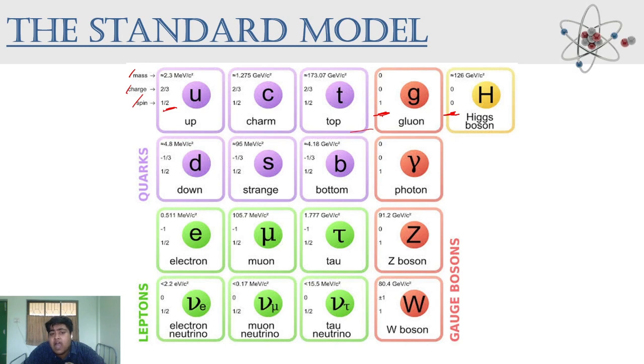Now what does spin half mean? If the ball rotates about its axis and takes exactly 2 complete rotations to return back to its initial position, to the initial point. So what was the initial point?